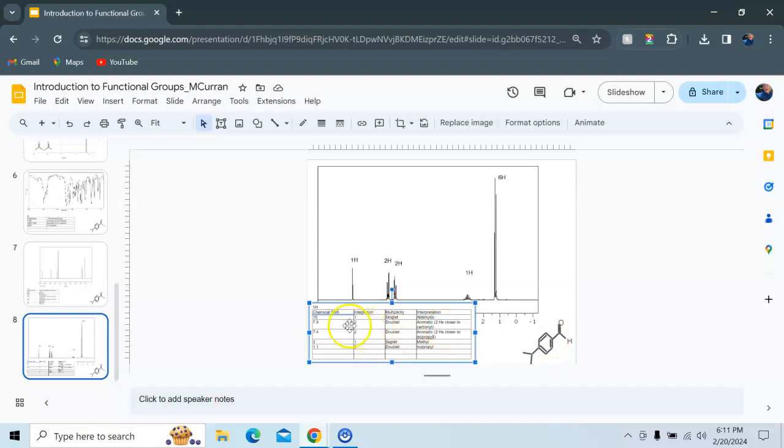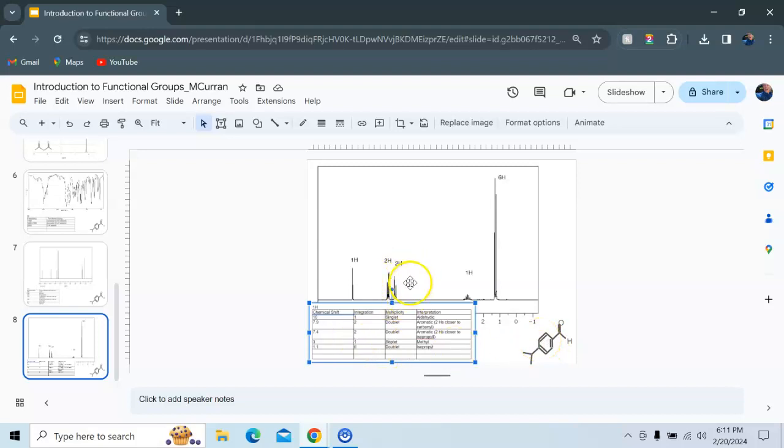These 2 at 7.9 represent the hydrogens coming off of these 2 carbons here that are closer to the carbonyl and being deshielded by that carbonyl. And we can confirm that with their multiplicity, which shows that they're a doublet, meaning they have 1 neighboring proton, which is from this carbon down here and this carbon down here.